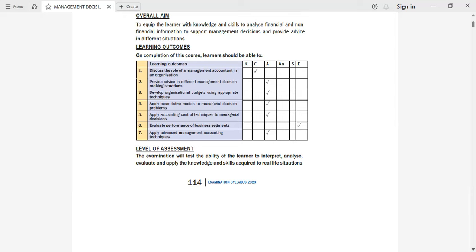I'm not saying if you do one, you'll not pass, but you must do all to be on a safer side. So that's the summary of what we are going to be looking at.